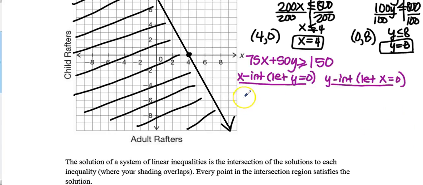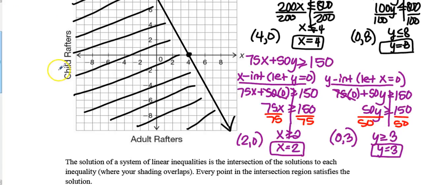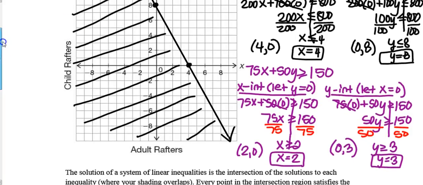So please press pause, you calculate your x and y intercepts, and then we will compare. And I'm back with you. Here are my values for the x-intercept and the y-intercept. Do we match? For the x-intercept, I got (2, 0). For the y-intercept, I got (0, 3). Hopefully we do. If we don't, press pause, and let's compare our work. Those of us who are good to move forward, let's graph.